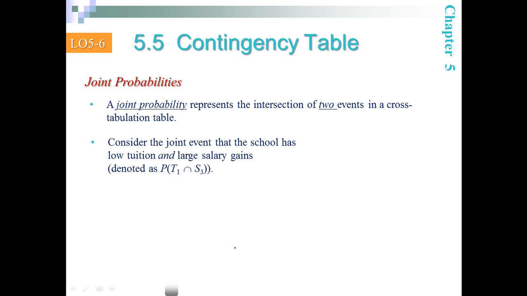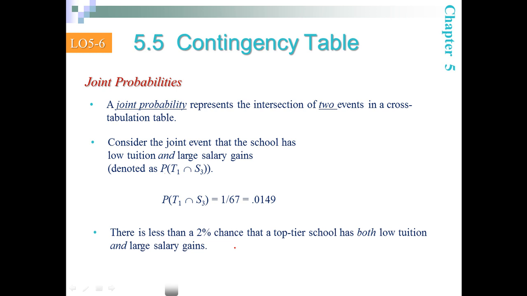So for example, if we wanted to know the probability of T1 and S3, that's low tuition and high salary gains, all we'd have to do is go in and say how many of those are there? There's just one divided by the total number, 67. That gives us less than 2% probability for that intersection.